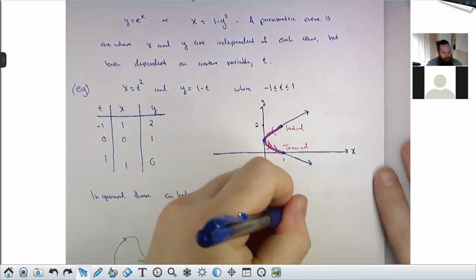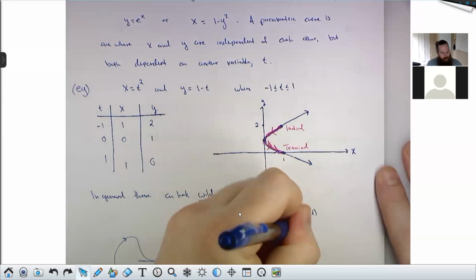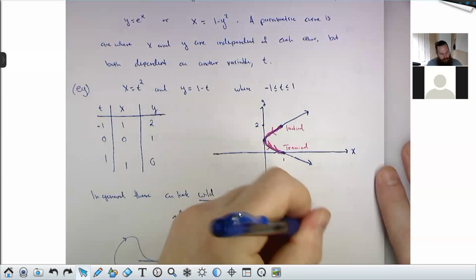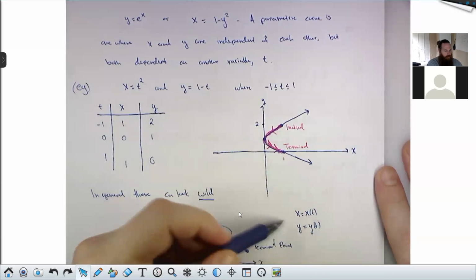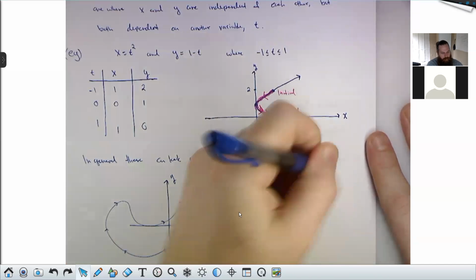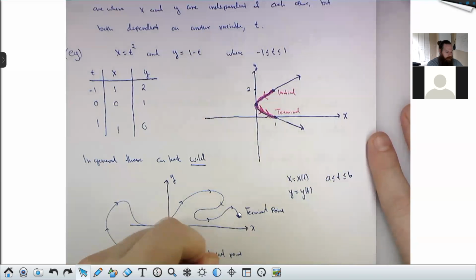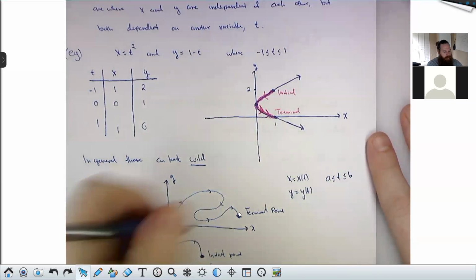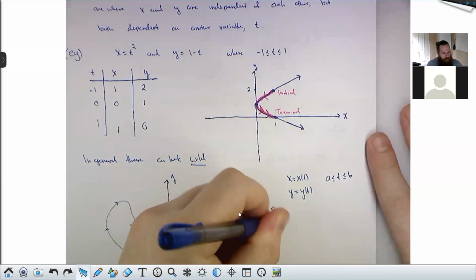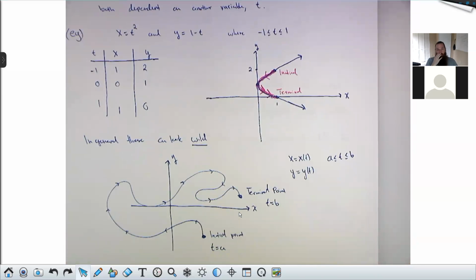And here x is x of t, some function of t. y is y of t, some function of t. And there's no direct relationship between x and y, but you're given a time domain. So the initial point is the point associated with t equals a, and the terminal point is the point associated with t equals b. So this is what we're going to start playing with next week.